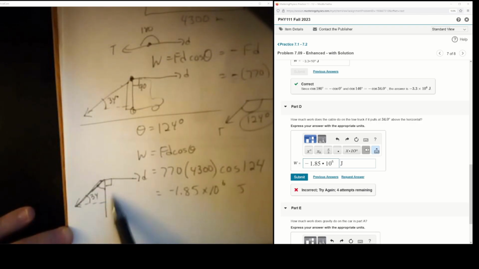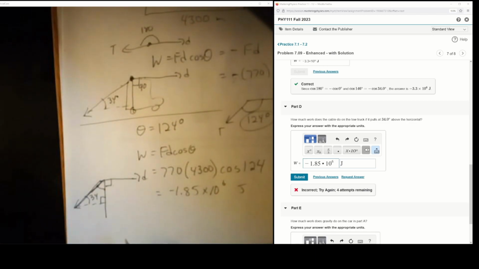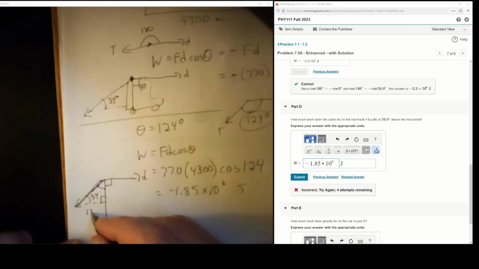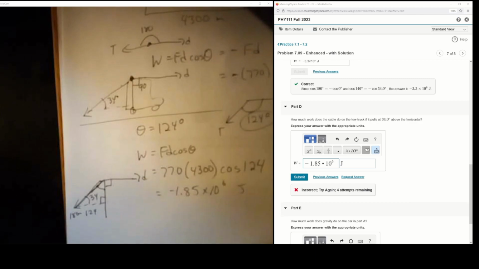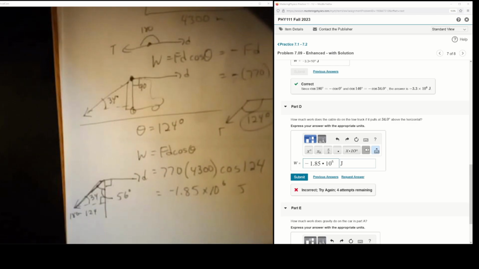So using sum of interior angles, because this is 90 degrees, we have 90 and this 34, which is 124, but that has to be 180. So the sum of interior angles has to be 180. So 180 minus 124 will tell us this angle then is 56 degrees.